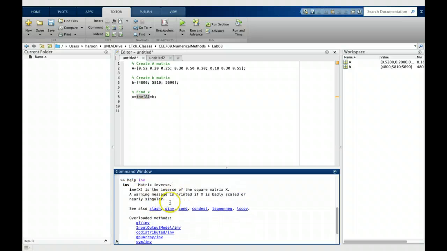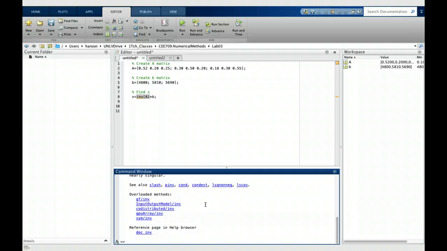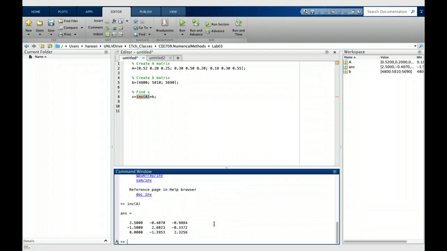It actually gives us an error or warning if the matrix is singular, and we'll talk about that in the next tutorial. But for now, let's look at the inverse of matrix A, and we can see that it has computed a value without giving us any warning.